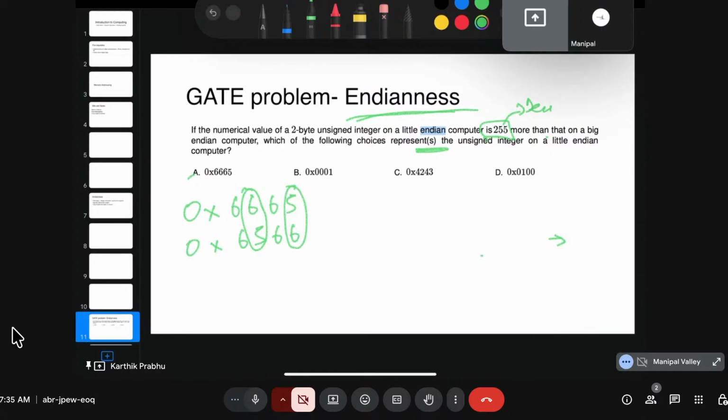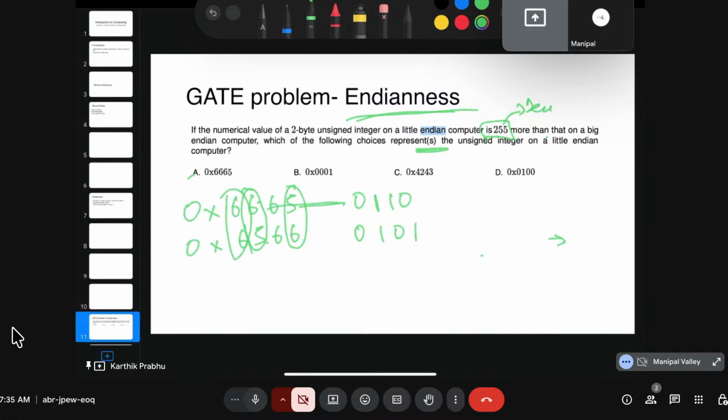But for 0x6665, we don't want to check this part, only this 6 and this 5. So 6 will become 0110, and this will be 0101, 5.